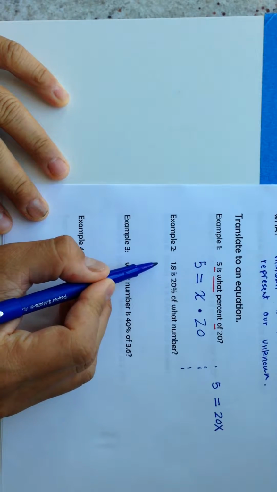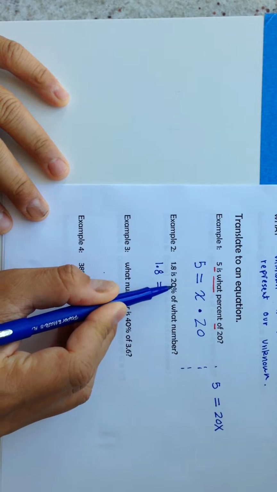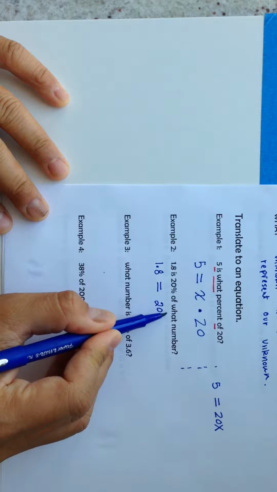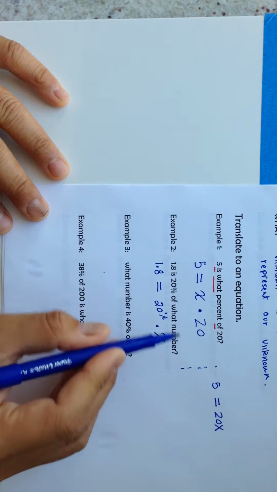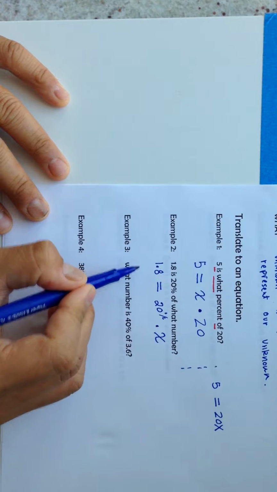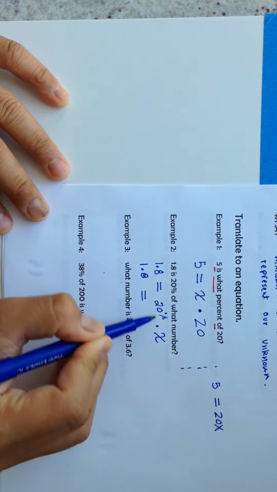Example 2: 1.8 is 20% of what number? "Is" is an equal sign, 20%, "of" means multiply, what number. Now, in an equation, percent needs to be turned into a decimal.